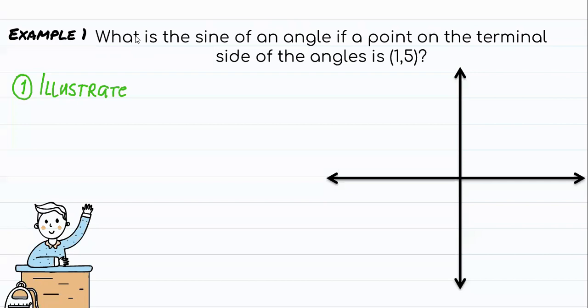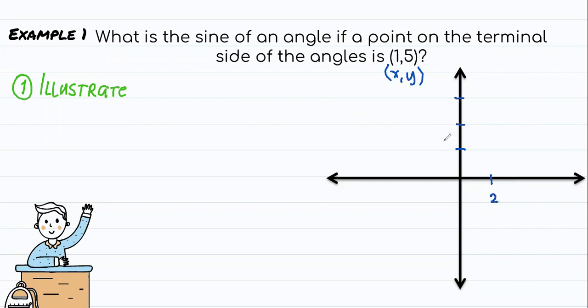So let's illustrate. It says there 1 and 5. So 1 would be our x and 5 would be our y. We will be plotting it here. Let's have it by 2.